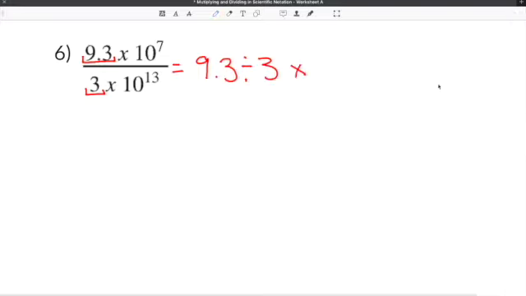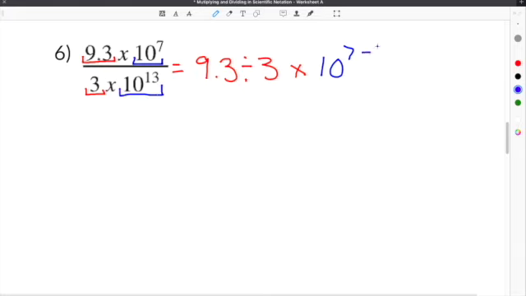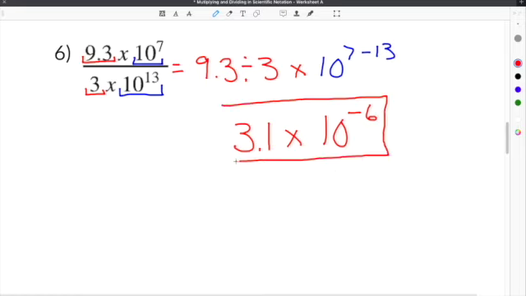We're going to write times our power of 10, which in this case is 10 to the 7th divided by 10 to the 13th, or just 7 minus 13. When we divide 9.3 by 3, it's 3.1 times 10, and then 7 minus 13 is negative 6. So our solution to this will be 3.1 times 10 to the negative 6th power.